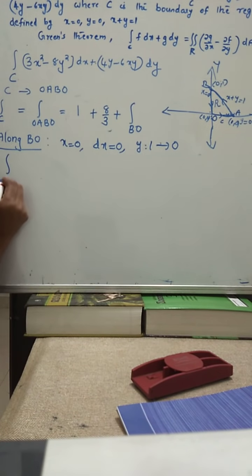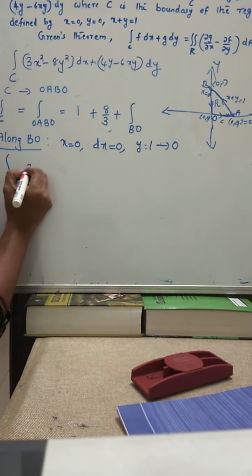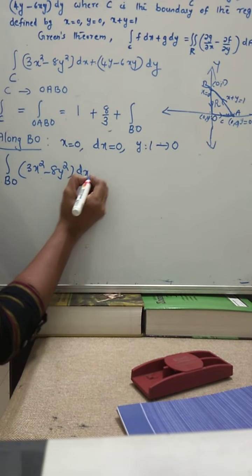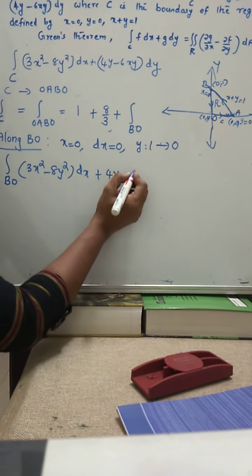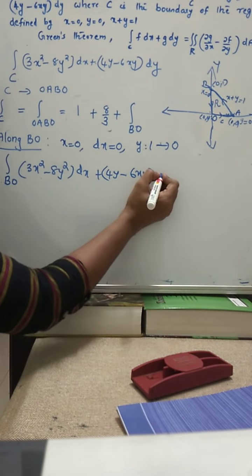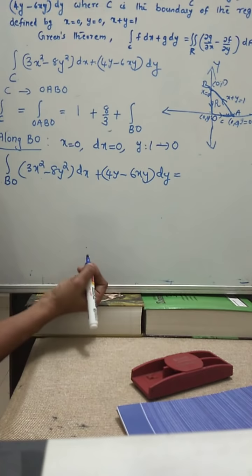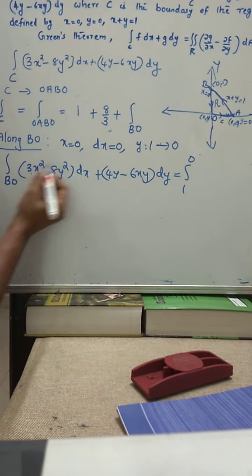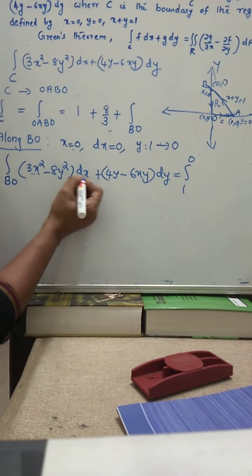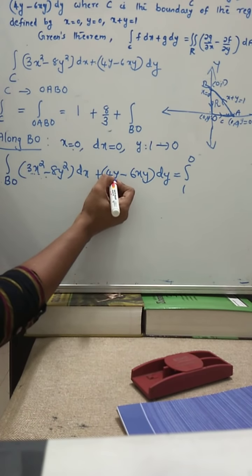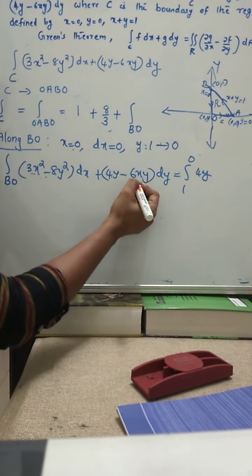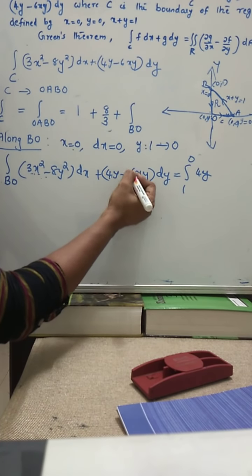So the integral along BO of (3x² − 8y²) dx + (4y − 6xy) dy is the integral from 1 to 0. As we substitute x = 0 and dx = 0, the first term gets cancelled, and here you have 4y dy; the other term also gets cancelled as x = 0.